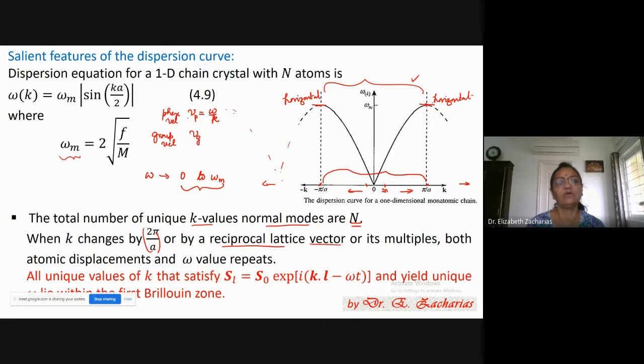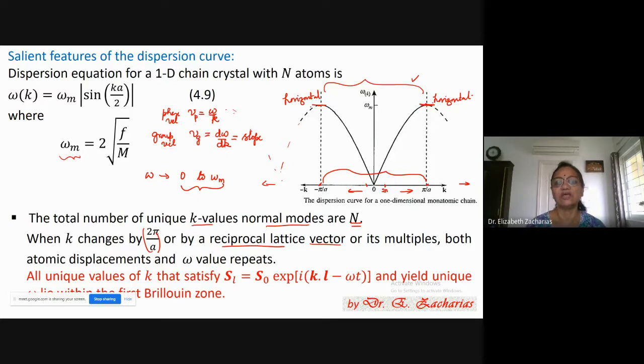Phase velocity you have studied in physics as omega by k, but the group velocity, which is the velocity of a bundle of omegas traveling, is d omega by dk. Now look at this graph. Y-axis is omega, x-axis is k. So what is d omega by dk? d omega by dk is the slope.